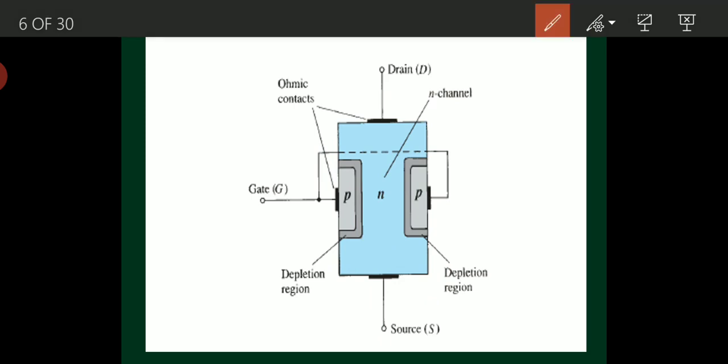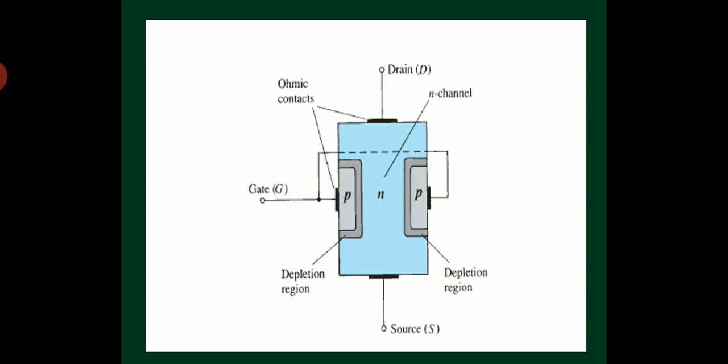And the next thing is I have to draw the characteristics of FET now. Likewise in BJT, you have seen input characteristics and output characteristics.